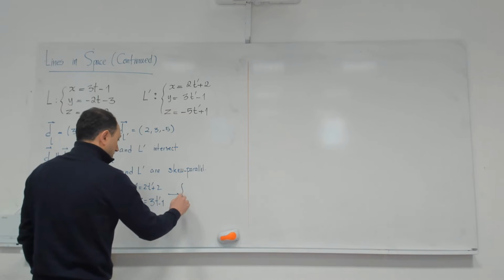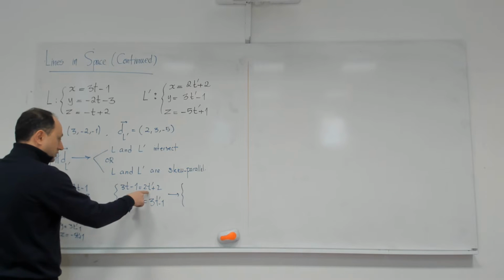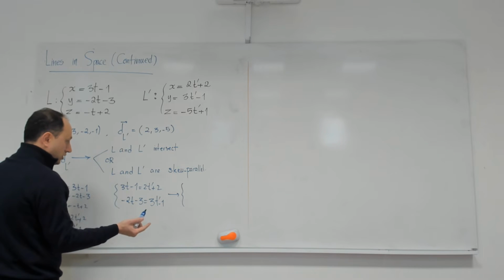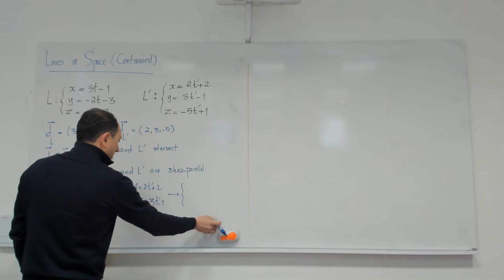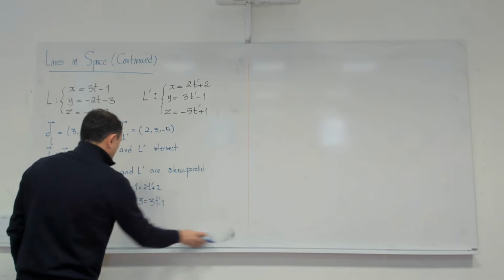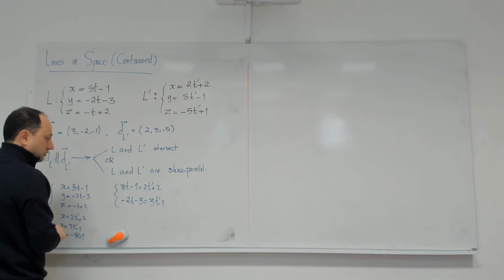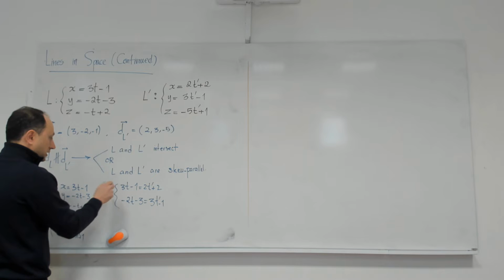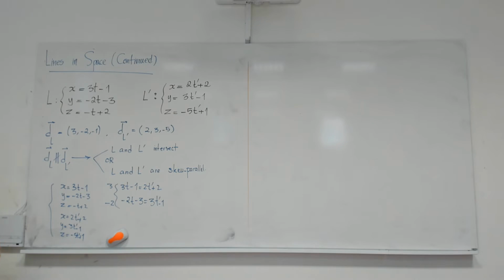For example, I can make it standard and move this to the other side. I don't know, use any trick that you know to solve it. We don't need to reorganize it, because for example I want to get rid of t prime. What do I do? I multiply the first one by 3 and the second one by minus 2, because then the coefficients become the same. When I add them up, that t prime is gone.